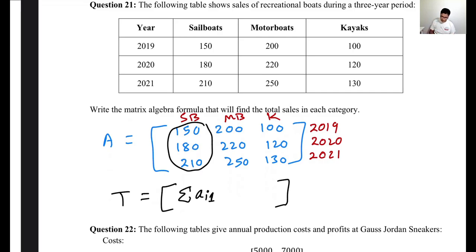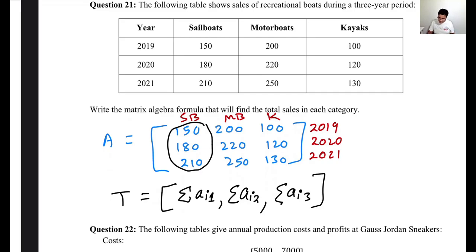So that sum of A_i1 will represent the sum of elements in the first column. Second one would be sum of A_i2, the sum of elements in the second column. And similarly, the last one would be sum of A_i3.